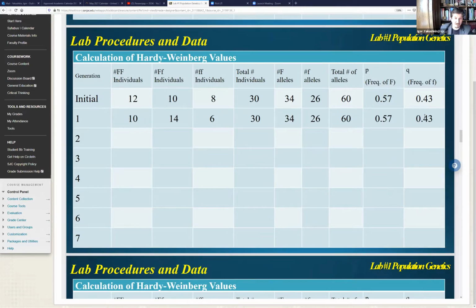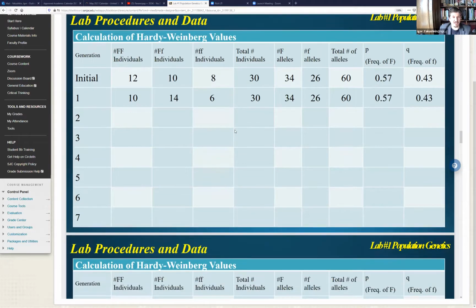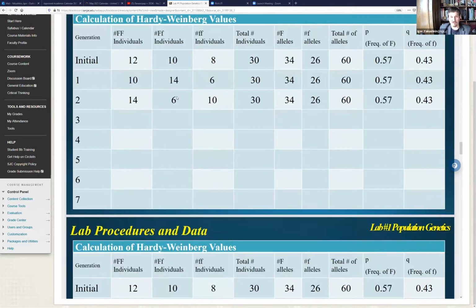So I'll say to the students, go again, walk around, meet new people. It's a really good ice-breaking activity. You're reproducing on the very first day, right? And in this particular case, exchange again. The students will go and exchange the genes again, creating the next generation. And in the next generation, phenotypically, 14, 6, 10.